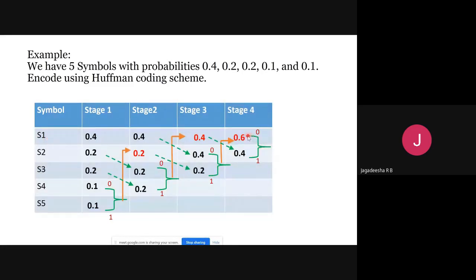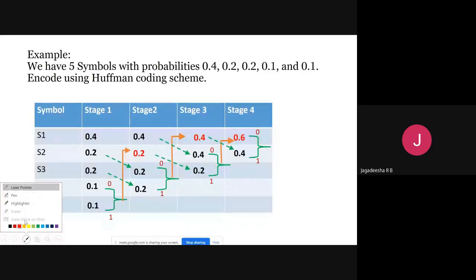How to go? Maybe like this, and like this, and to S1, right? This is the backward path. When you go in the backward direction, if you encounter any of these symbols like 0 or 1, that becomes the code word. I will use my pen to show you something.